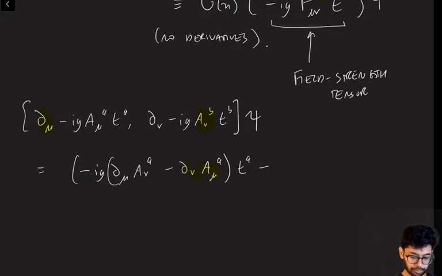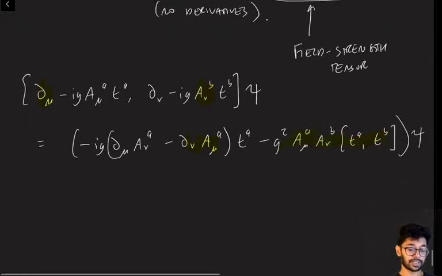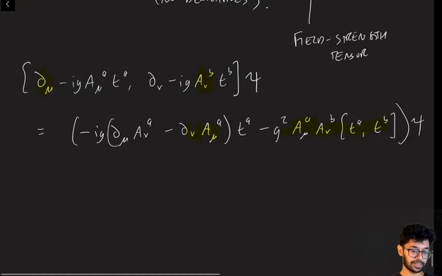And then there's also a term which comes from the gauge field squared, which looks like g squared A mu A A nu B, and then there's the commutator of the representation matrices acting on psi. And of course, this piece here is the new bit coming from the non-abelianness of this. This would not have been there in the abelian case.